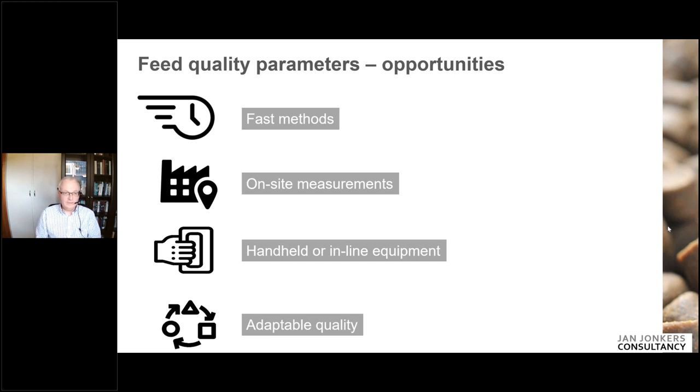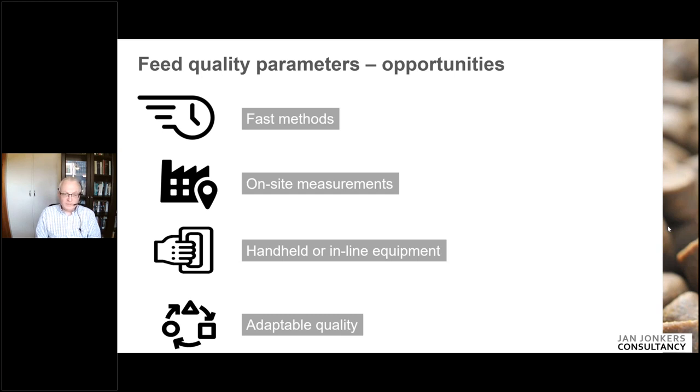That's very convenient. And there are even developments within handheld or inline equipment, so that you can really go to the line to do measurements, or go to a customer to do measurements. Or with inline equipment, you can even have instruments in the line that automatically give you data that you can use in the quality control system. So a lot of opportunities here.